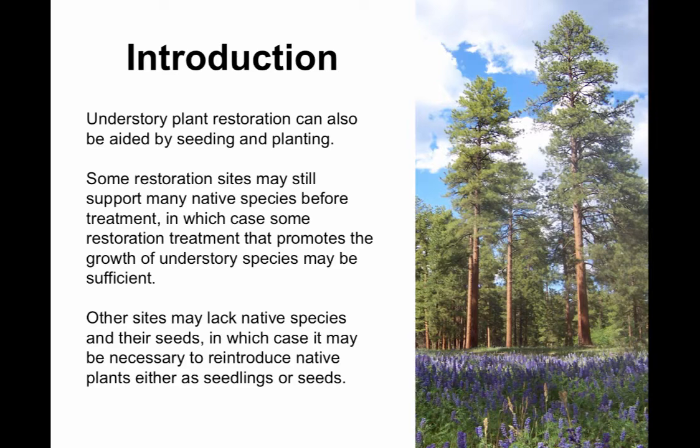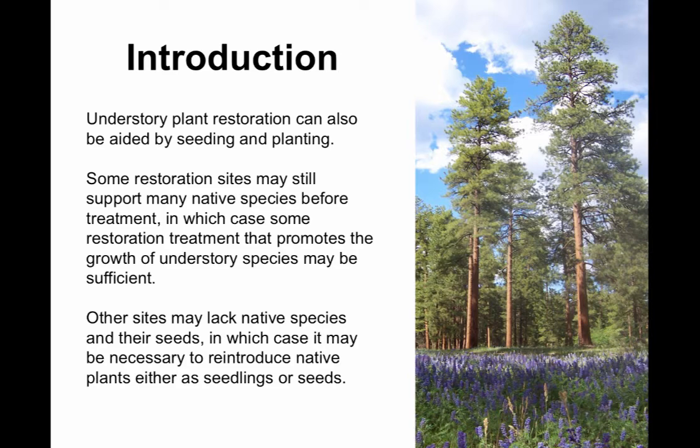Okay, and so in some of these areas we might have native species that are still there, in the seed bank, and all we need is to open up the canopy of, say, a dense forest, or remove a lot of the pinyon juniper that's encroached into a rangeland, and then the natural processes can take over. That restoration treatment of removing that material or doing some sort of chaining or a prescribed fire that we talked about in last week's materials is really going to help promote the growth of the understory species, and that really may be sufficient.